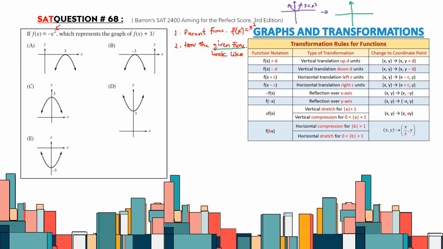We have f of x equals x squared, and now the given function is f of x equals negative x squared. So it means the given one is like minus the parent function, x squared.